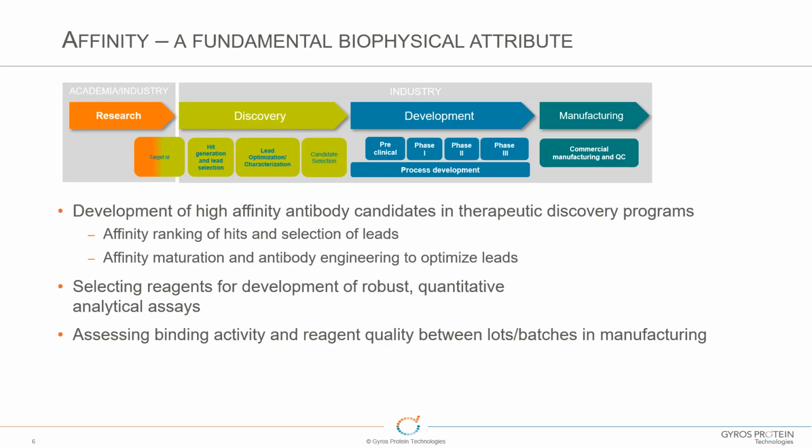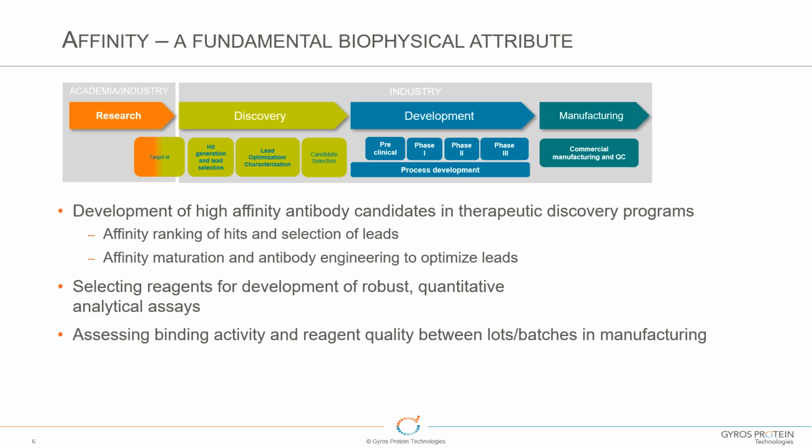So affinity really is a fundamental biophysical attribute, and particularly when it comes to drug development, the affinity of your drug to target interaction is an important part of discovery. Mm-hmm. So when you're trying to select potential drug molecules, you're going to look at the affinity of binding, and maybe you will select molecules with high affinity compared to low affinity, depending on what you're trying to achieve.